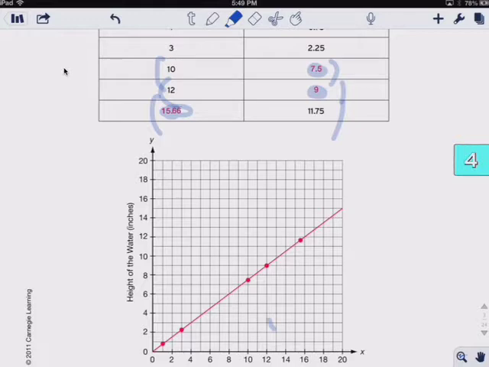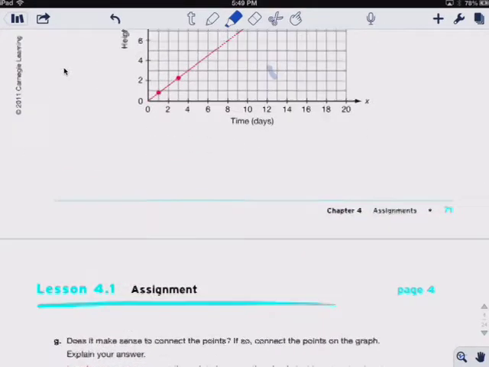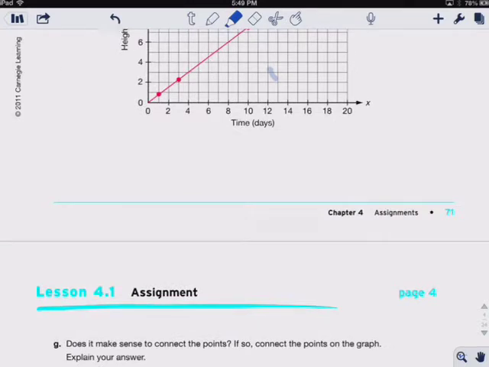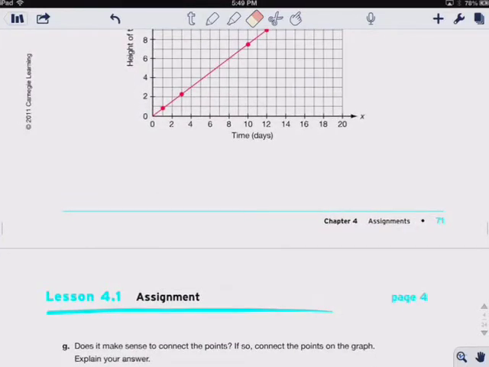Okay, the next question is, does it make sense to connect the points? If so, connect the dot points on the graph. Well, they connected the points. Explain your reason. Explain why. Okay, I would say because time can be made lower into days, hours, minutes, seconds, and even lower, so it is continuous.